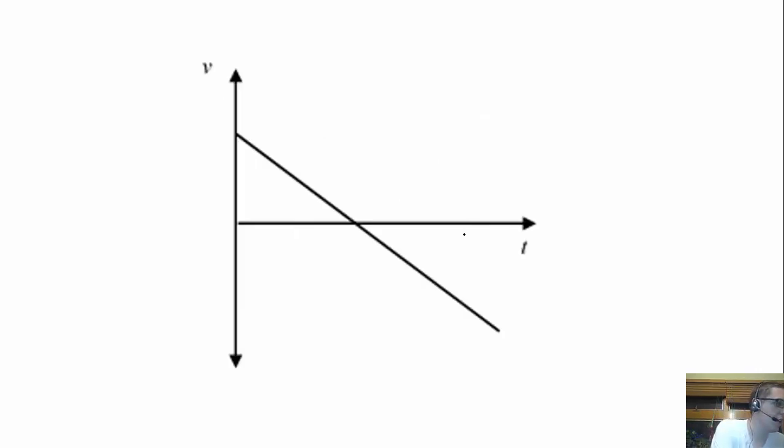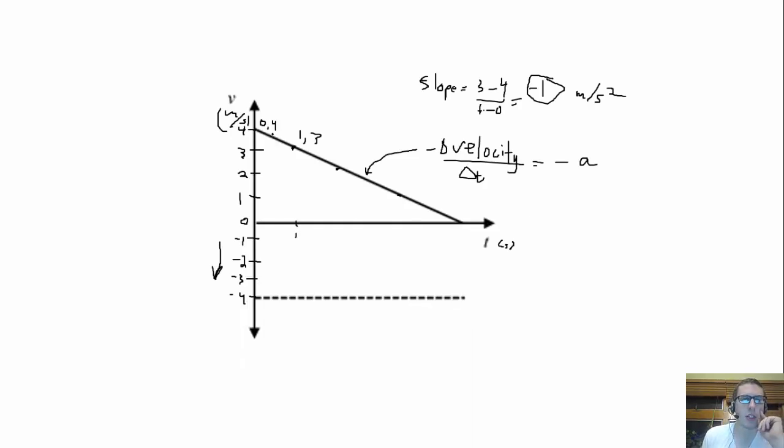Another type of graph. Now, on the last one, it was decreasing, decreasing, decreasing until the velocity is actually 0. This right here means it's not moving. It has 0 velocity. If you have 0 velocity, you're not going anywhere.